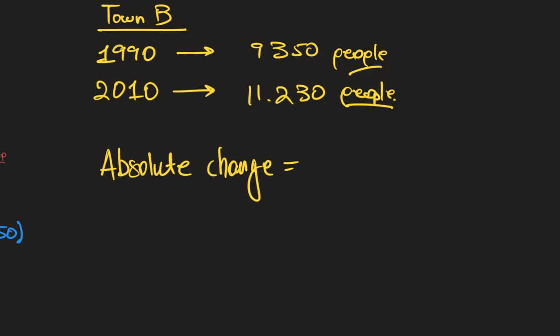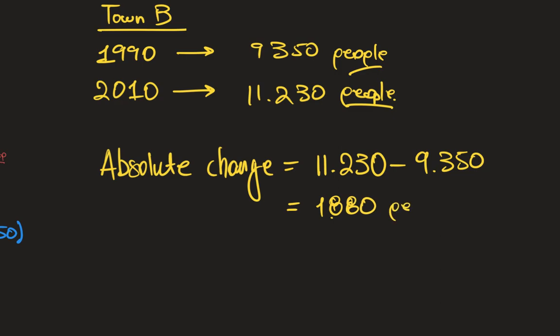So basically, we need to take the population that we have in 2010 and subtract the population that we had in 1990, and the actual population change is 1,880 people. That is the absolute change in terms of the population for the same town B, right?